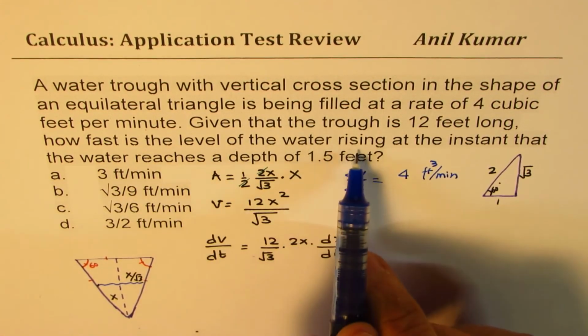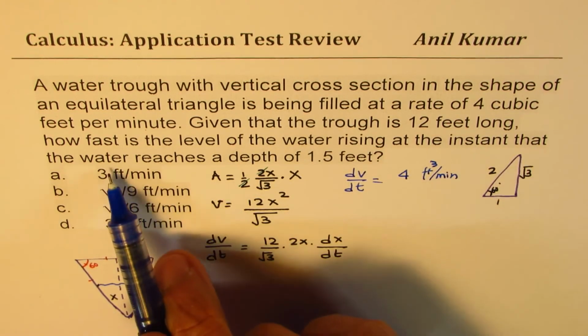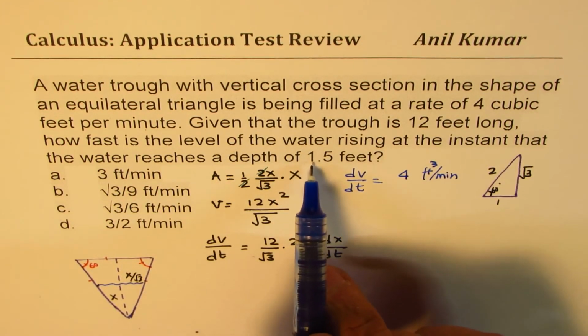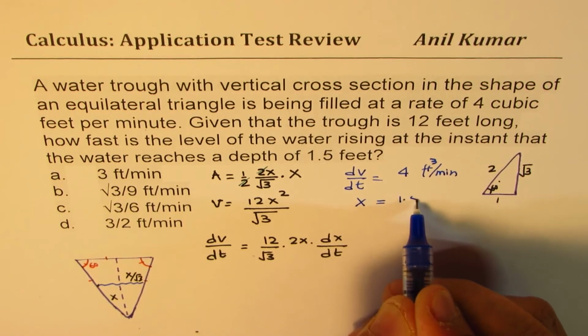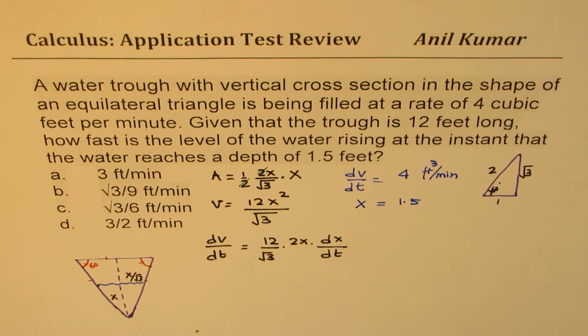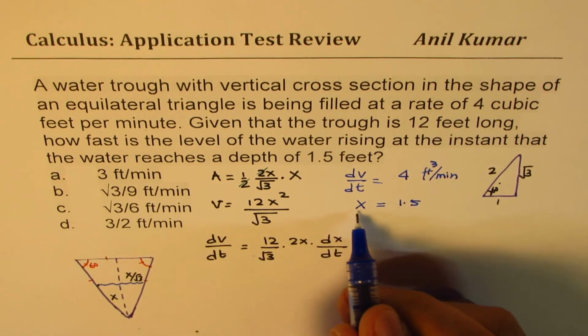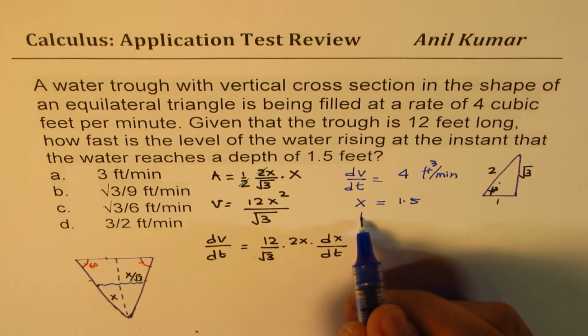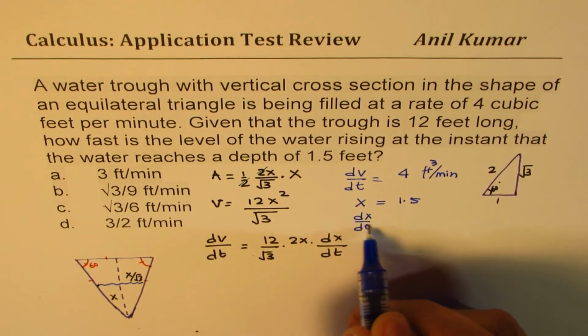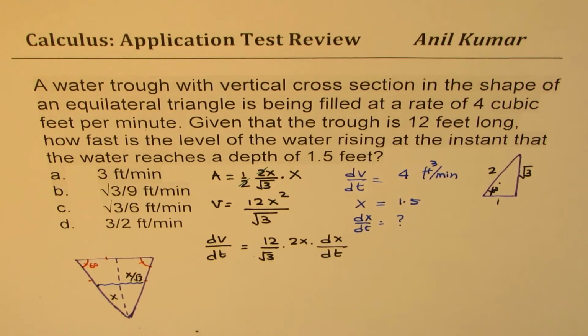How fast is the level of water rising at the instant that the water has reached a depth of 1.5? That means x is 1.5. That is what we need to figure out, right? At x equals 1.5, what is the rate at which height is rising? It means dx/dt. This is what we need to find.